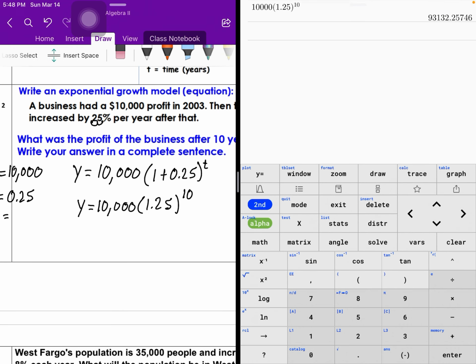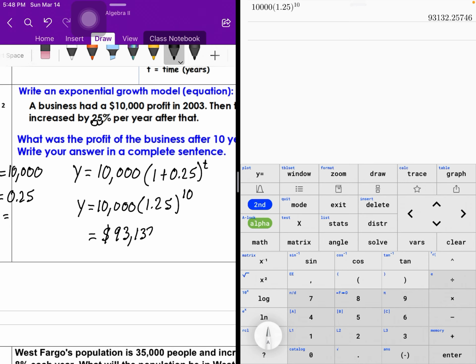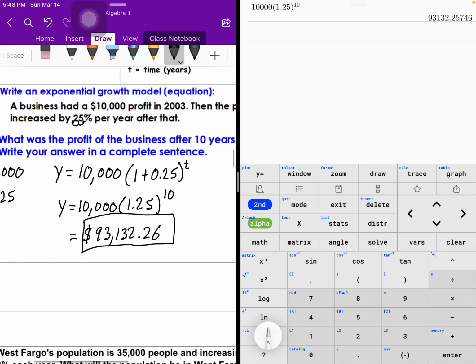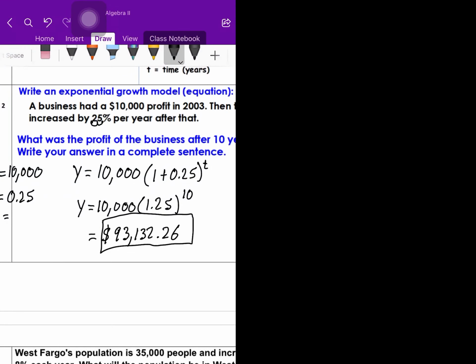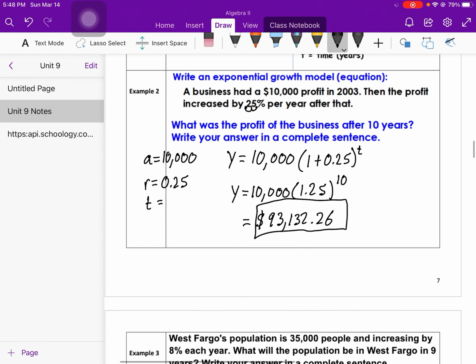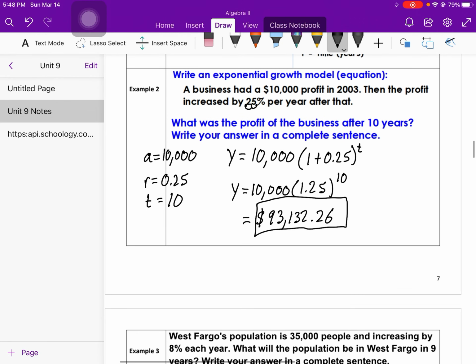We get 93,000. We're going to round to 2 decimal places because we're talking about money. So this is going to be $93,132.26. So that is going to be their profit of the business after 10 years. And T was 10.